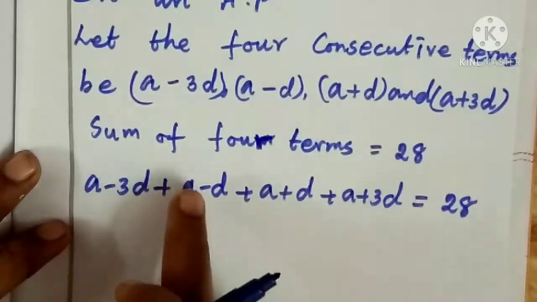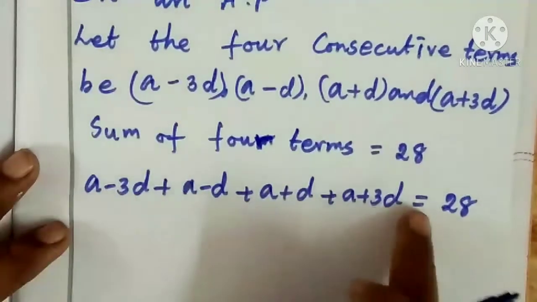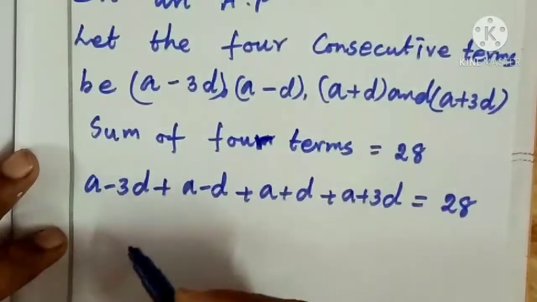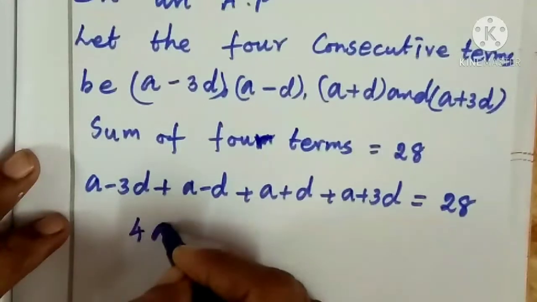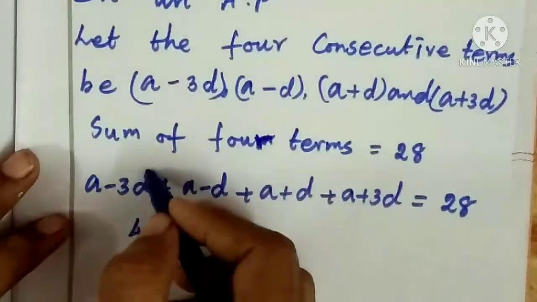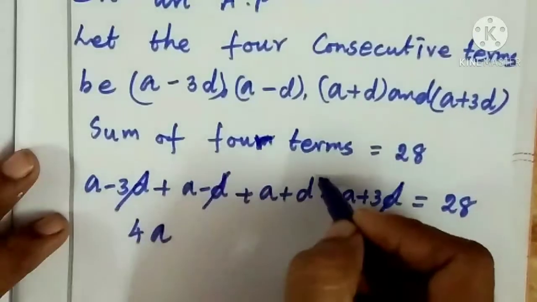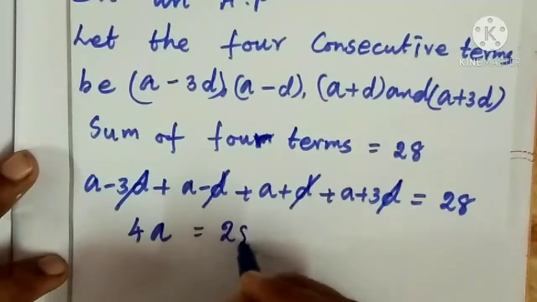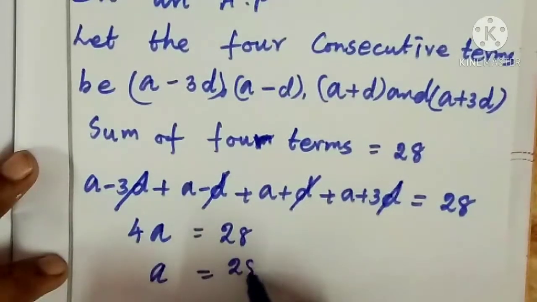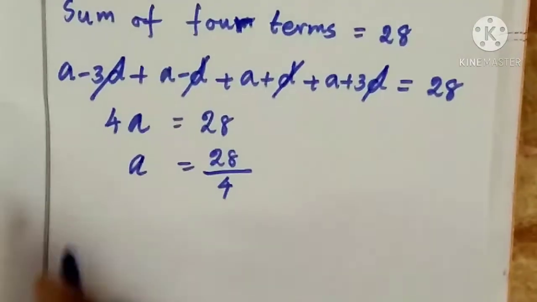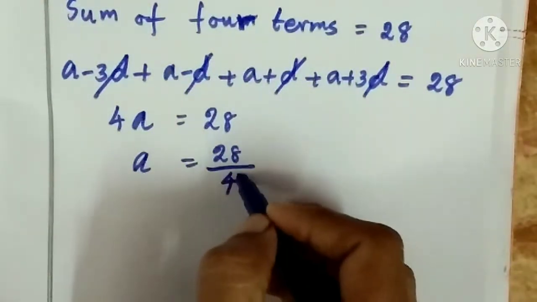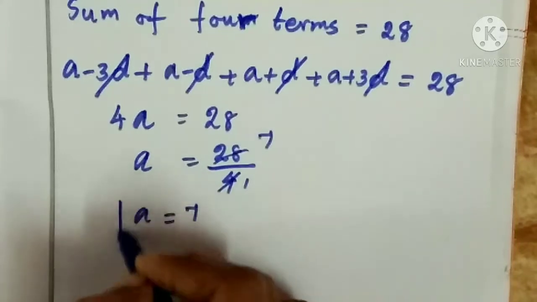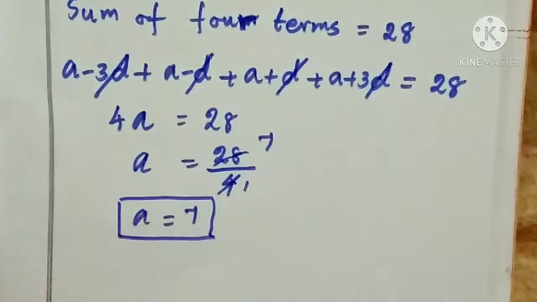Here a appears 4 times, so a plus a plus a plus a gives 4a. Then minus 3d plus 3d cancel and get 0, minus d and plus d also cancel and get 0. Therefore 4a is equal to 28, that is a is equal to 28 by 4. Now cancel this by the 4 table: 4 7s are 28, that is a is equal to 7. Here the value of a is 7.